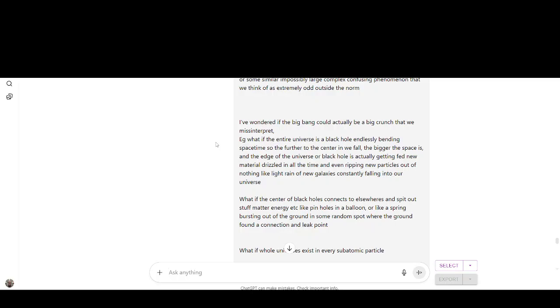But there's also the whole idea that the fundamental properties of everything, of the universe, of space-time, are not necessarily constants.